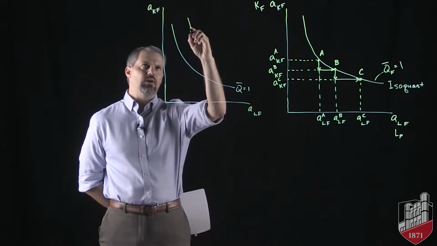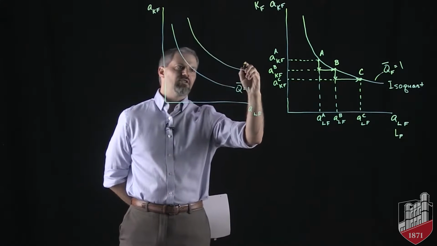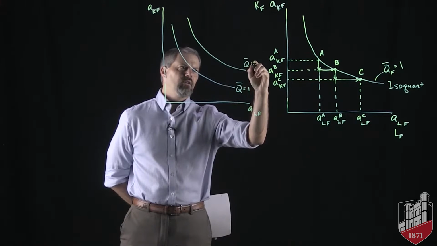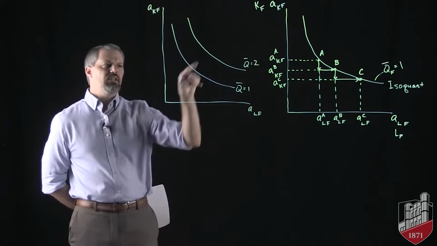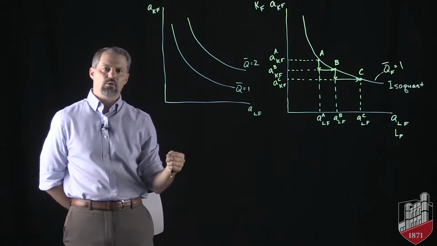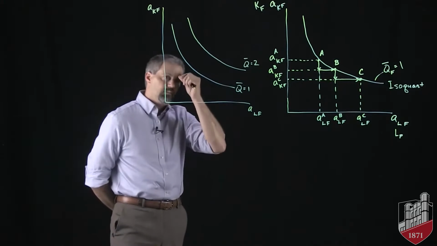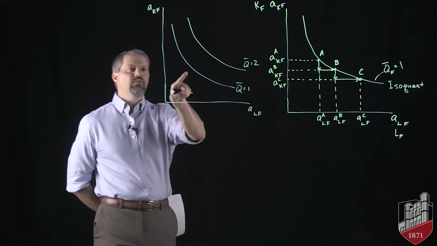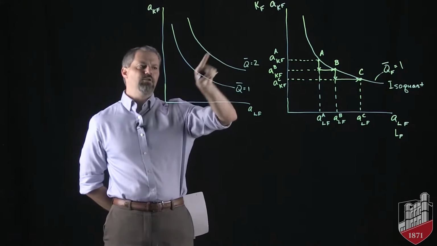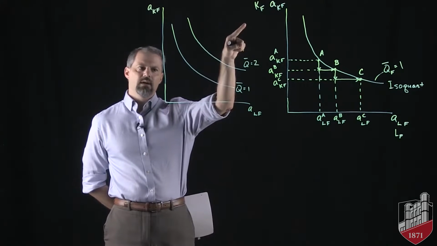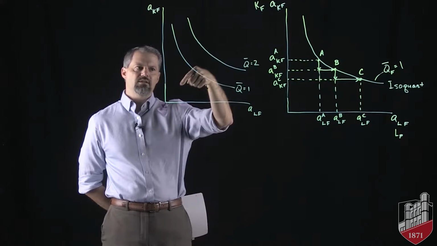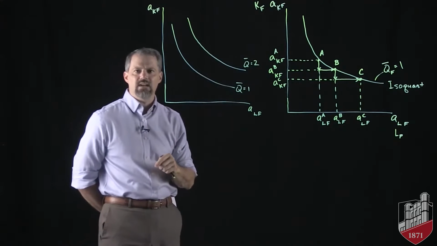So the isoquant that corresponds to 2 units of food is going to be to the northeast of the isoquant that corresponds to 1 unit of food. As we move in this direction, the amount of food being produced is going up. And as we move in this direction, the amount of food being produced is going down.